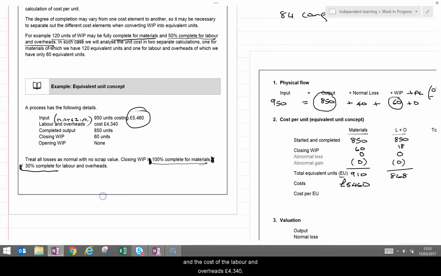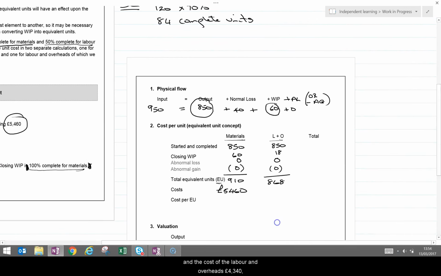And the cost of the labour and overheads, £4,340. And finally, now we can work out the cost per unit.